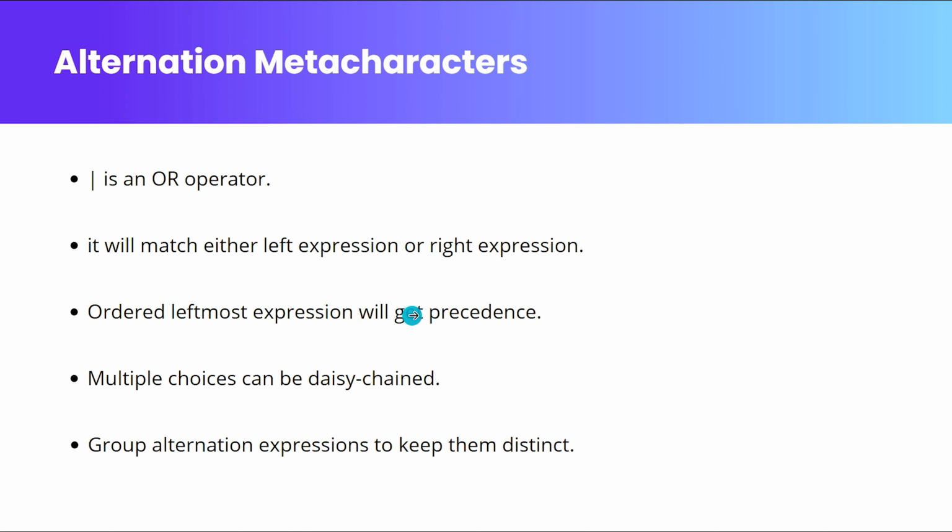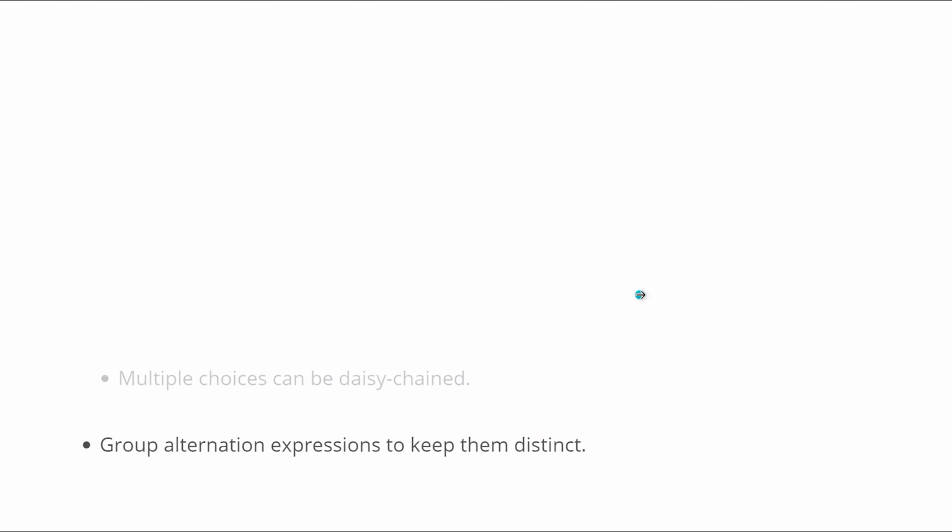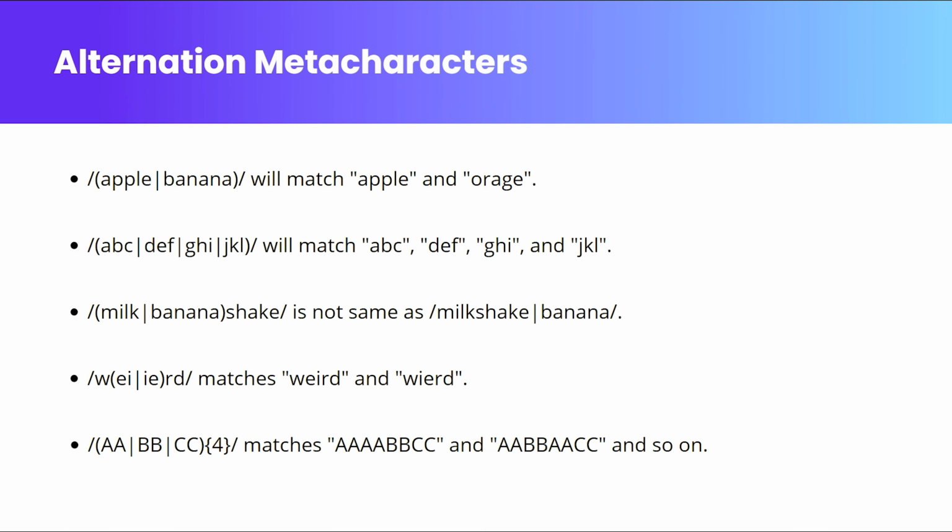Multiple choices can be daisy chained, and group alternation expressions to keep them distinct. And here is the example of alternation meta characters with the group meta characters, and here you can see how we can use the alternation meta character inside the group meta character. So the same example we will see on browser, so let's go to the browser.